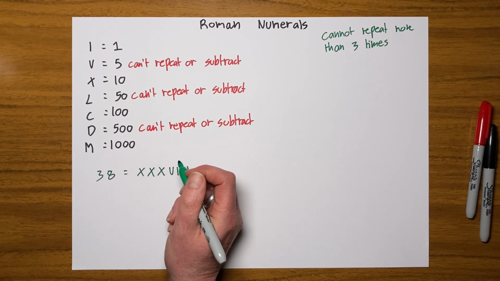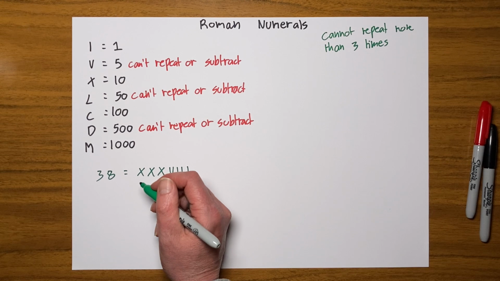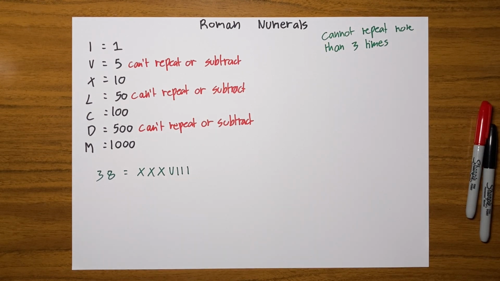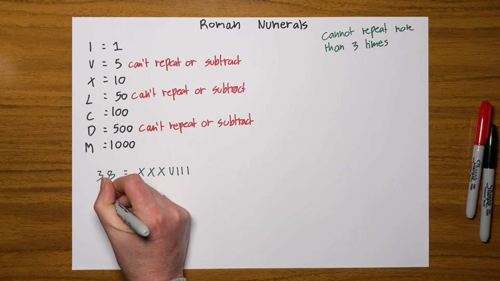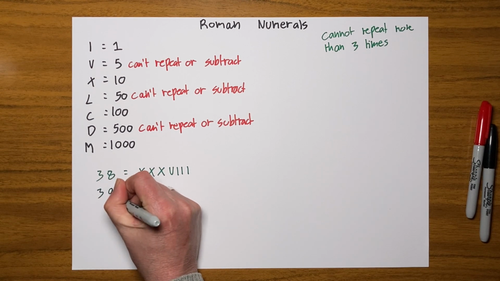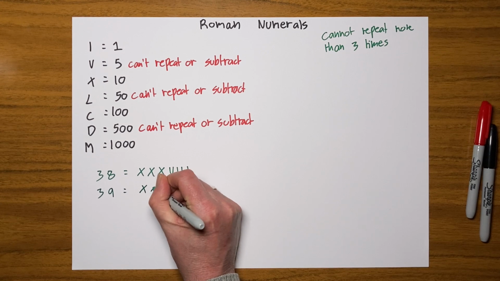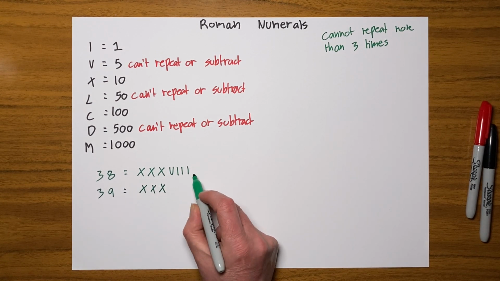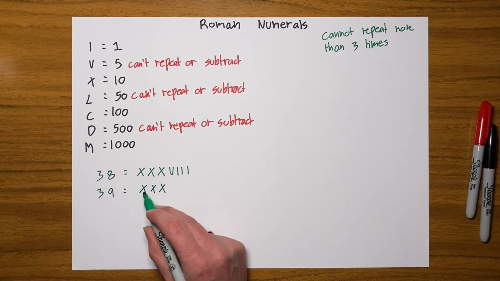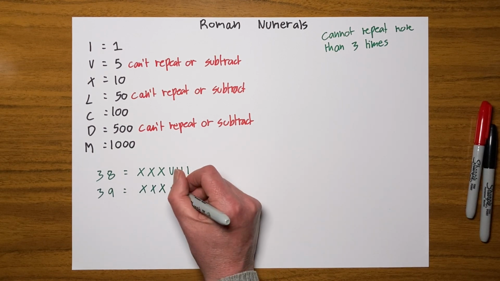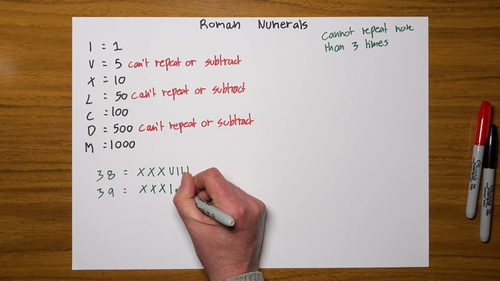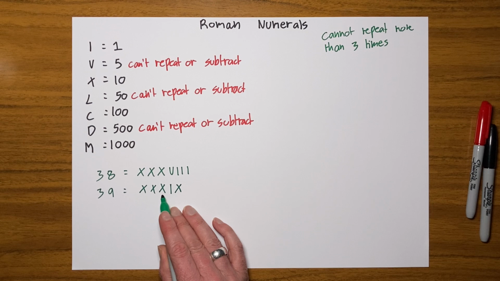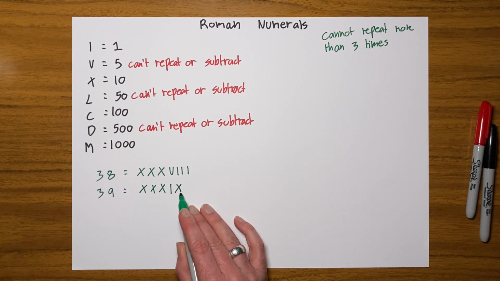Now look at what I'm going to do for 39. For 39, I'm going to go 10, 20, 30, but I can't go V and then 4 because I can't repeat more than 3 times. So I'm going to go 1 less than 10, I, X. So that's 10, 20, 30, and then 1 less than 9.